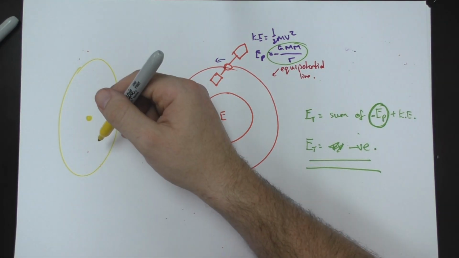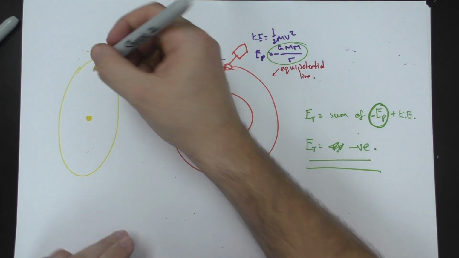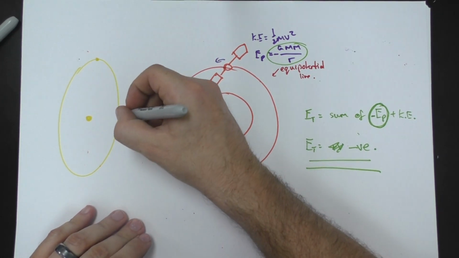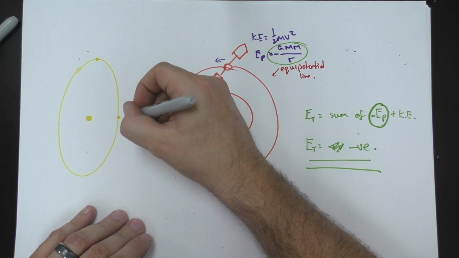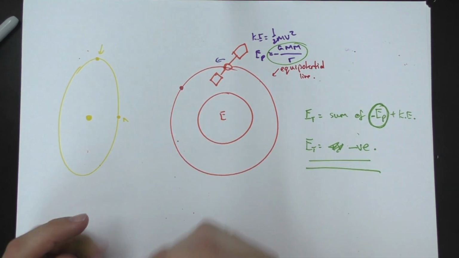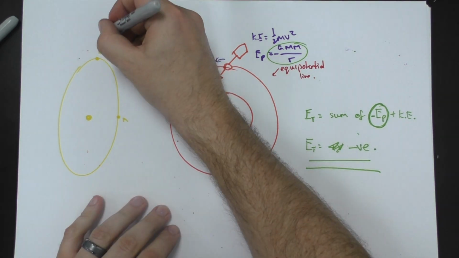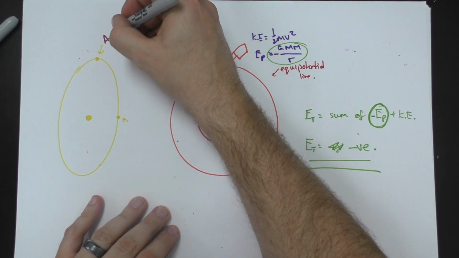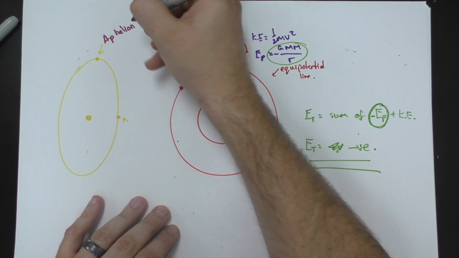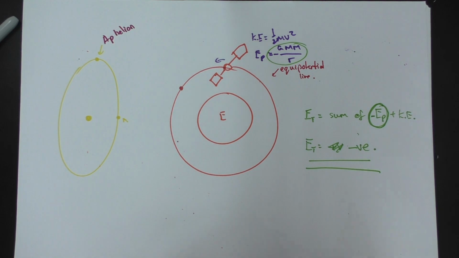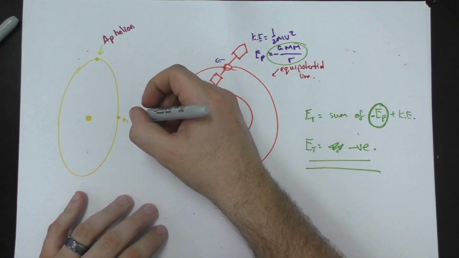And this point here is given a name, and this point here is given a name, because this is the closest point and this is the furthest point. The furthest point is called the aphelion. So this is called the aphelion. And the closest point is called the perihelion.